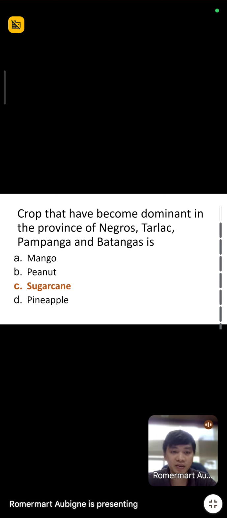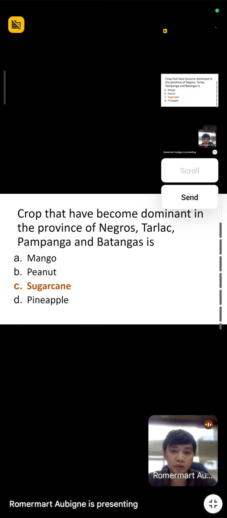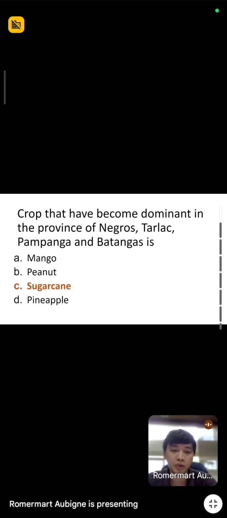Okay, the answer is sugarcane. So especially in Negros, there is really a lot of sugarcane. Most of our sugar comes from Negros Island. Then we also have sugarcane in Tarlac, Pampanga, and Batangas.